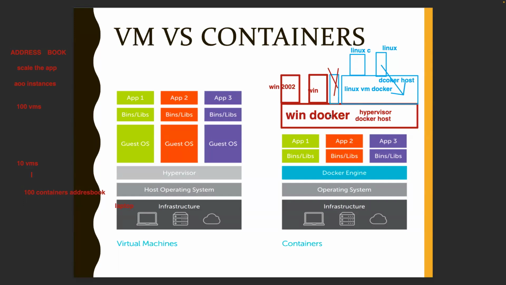Like we are talking about here, the app and its dependencies. So assume this is the address book application. Dependencies are Tomcat and Java. Clear? Are we good? Understood this? Yes, ma'am.